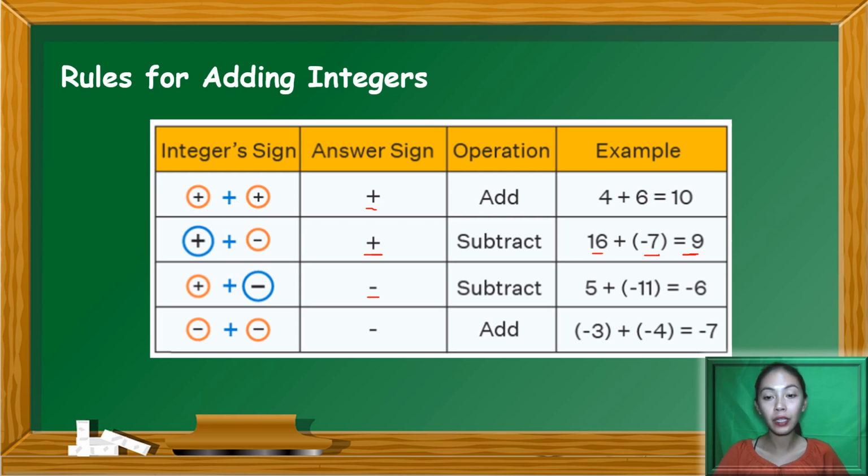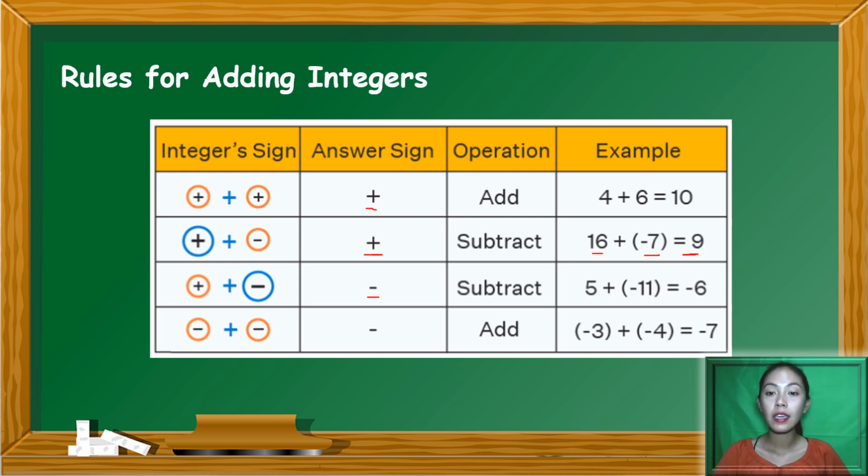And the third, we have here positive 5 plus negative 11, and we use the numerical value of the negative 11. So 11 is greater than 5. So 5 plus negative 11 is equal to negative 6.